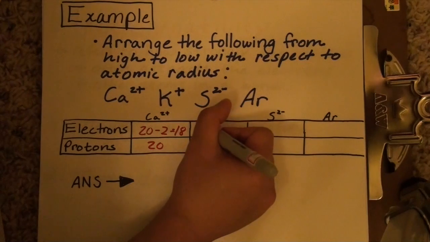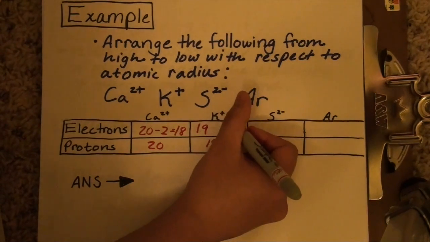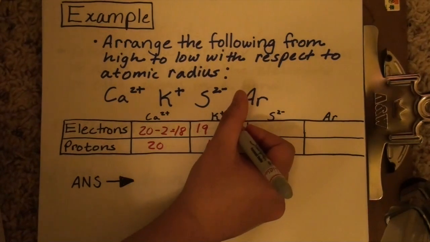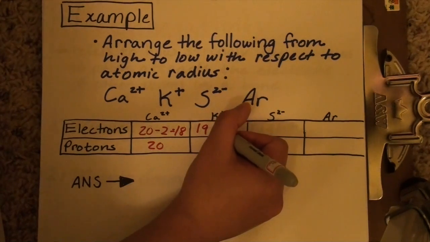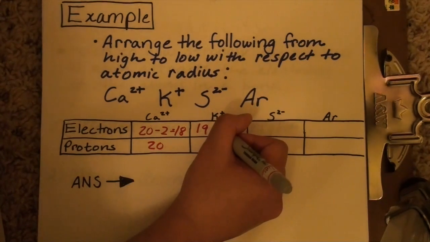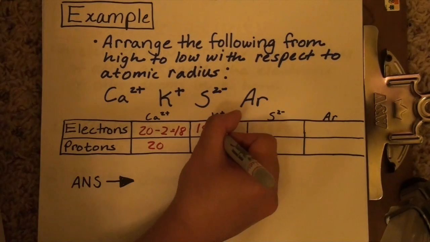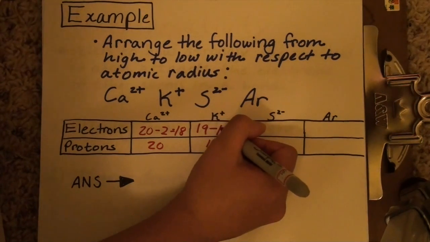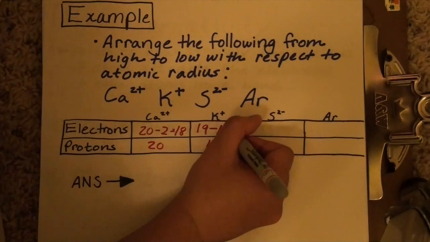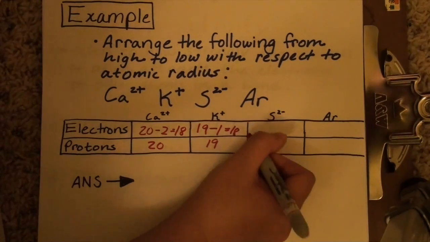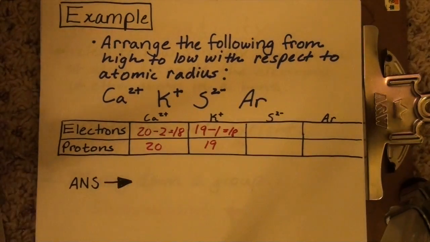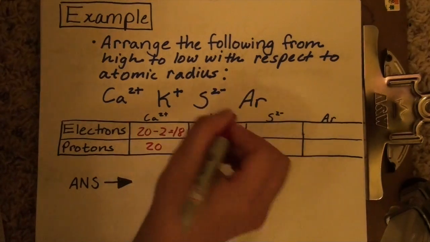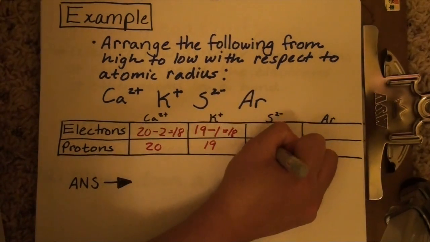Since potassium is also a positively charged element, we need to subtract 1 because it's positive 1. The atomic number for sulfur is 16, so it has 16 protons.